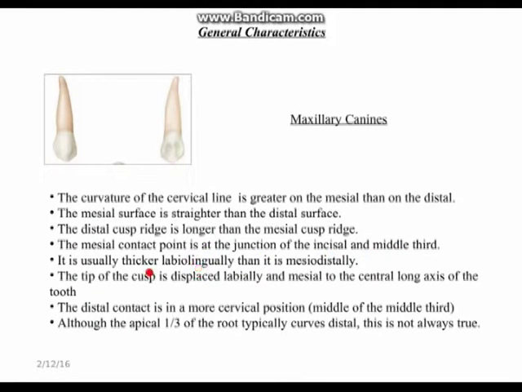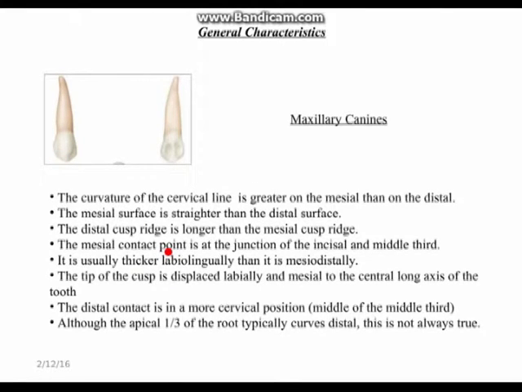We discussed that earlier. It's usually thicker labiolingually than mesiodistally, especially the mesial part. Remember that. The tip of the cusp is displaced labially and mesial to the central long axis of the tooth. We already discussed that the cusp tip is displaced labially because it's a maxillary tooth, right? And why is it mesial to the central long axis of the tooth? It's because the mesial marginal ridge is shorter than the distal marginal ridge.